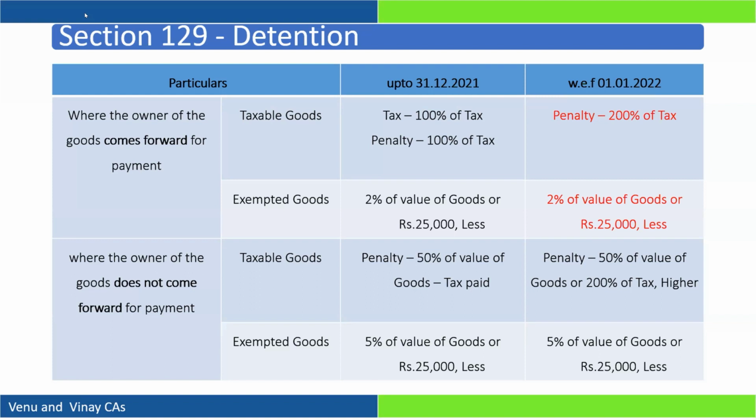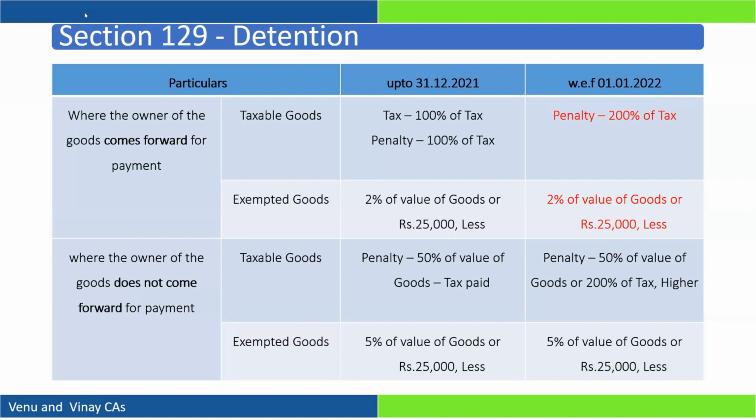Let me start with the provisions that have been given. There are two types of provisions. One, if the owner comes forward for payment of the tax. Situation two, the owner does not come forward for making payment of the tax. Now you may ask me how it is possible that the owner doesn't come forward to pay the tax.